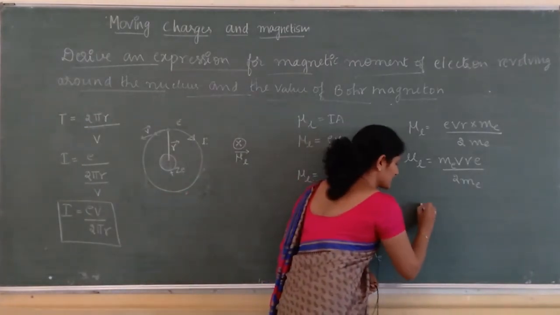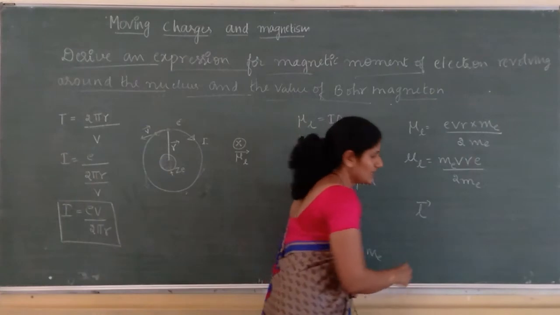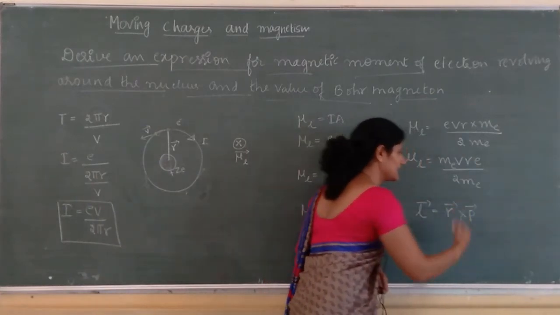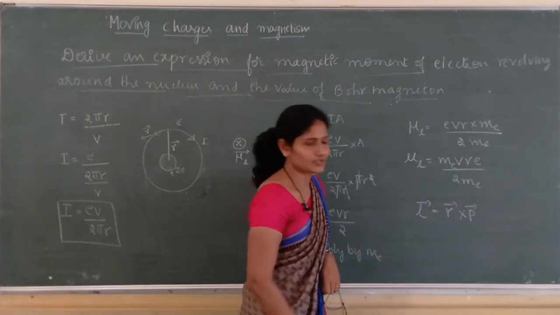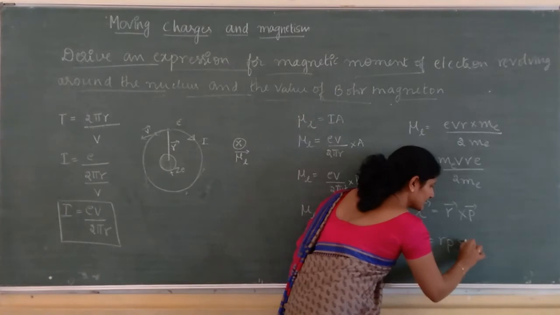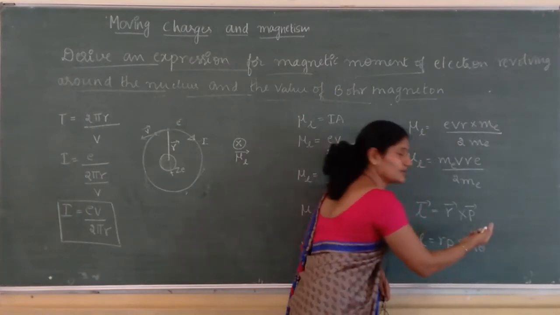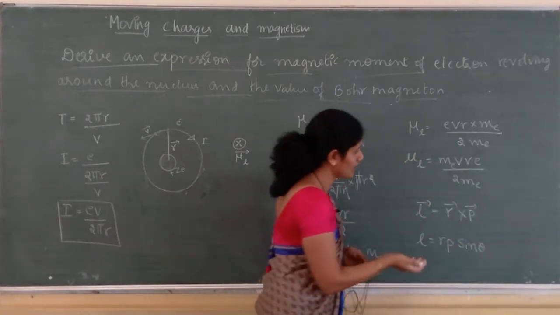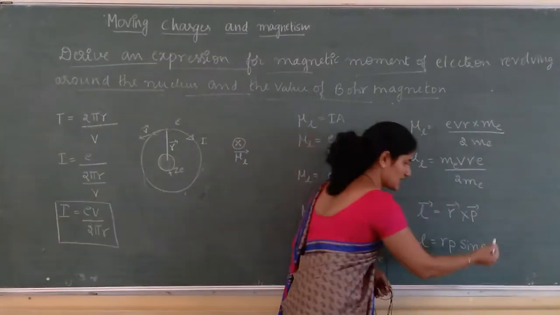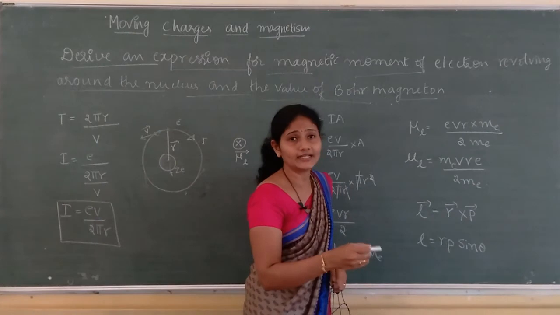Angular momentum is represented by L, and it is the cross product of r and linear momentum, or L is equal to rp sin theta. A cross B is equal to AB sin theta. Here we have r cross p.